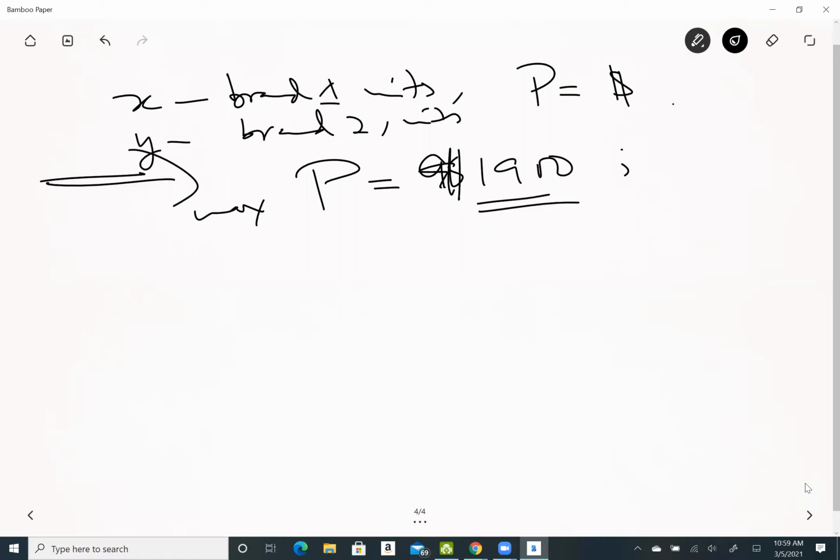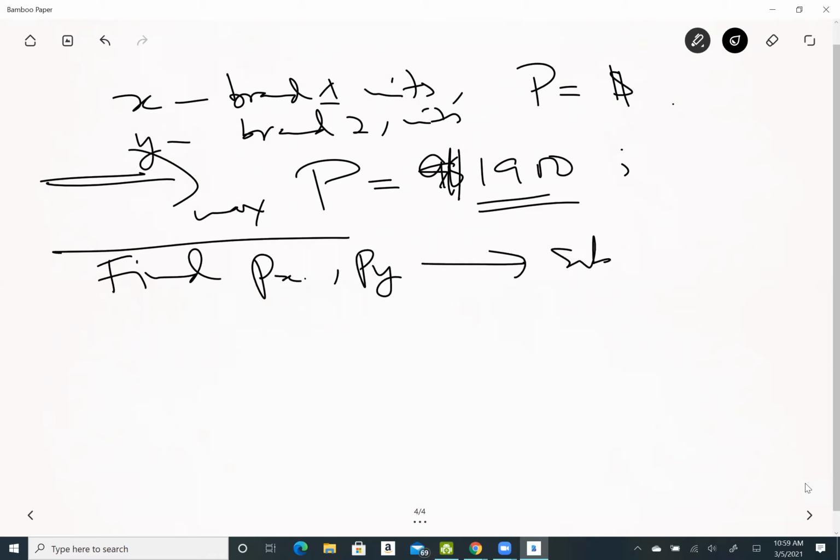Alright. Okay, now finish it up. Find the price. We just want to practice this. Find PX, find PY. What do you do? You substitute back into the demand function, into the respective demand. So do that.